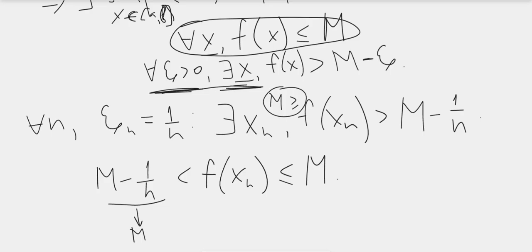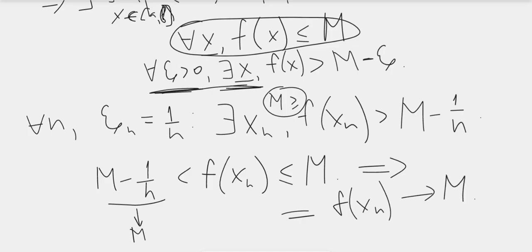So we conclude that the sequence f of xn converges to m, because it is bounded from above and from below by two sequences that both converge to m.